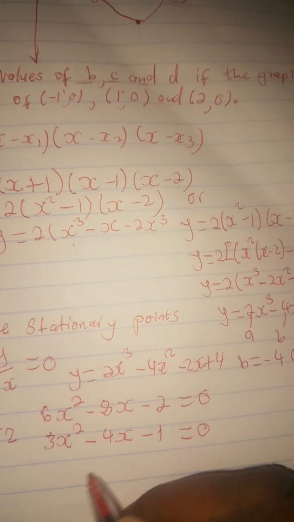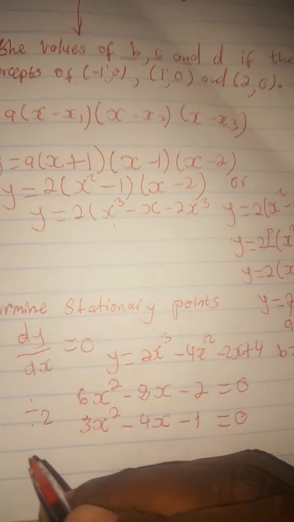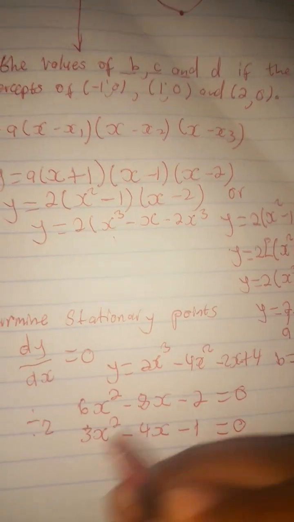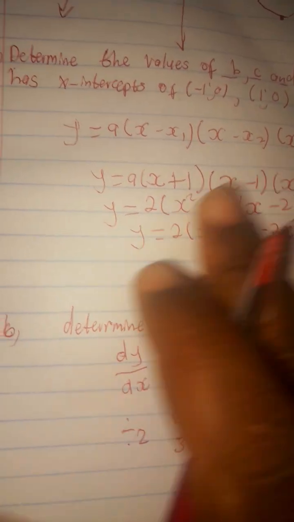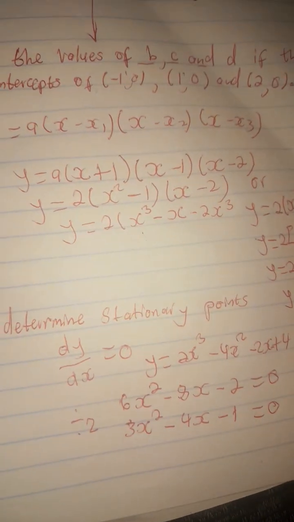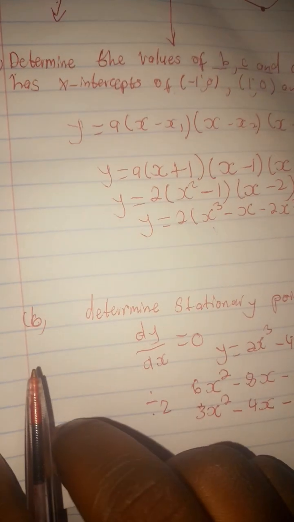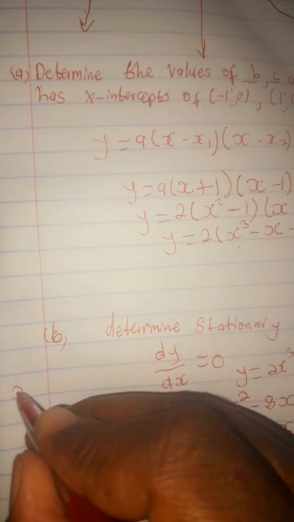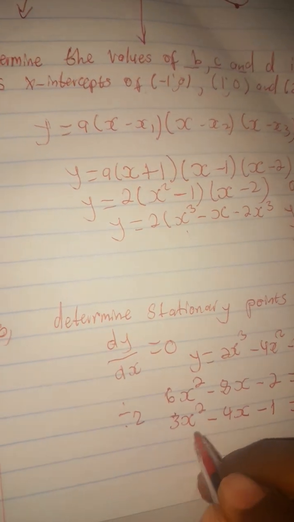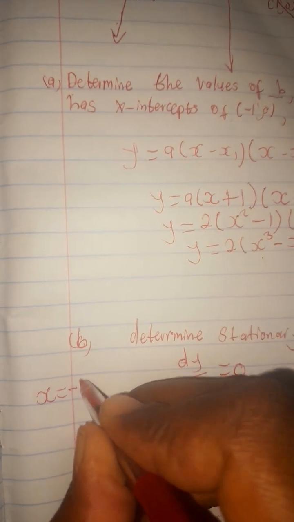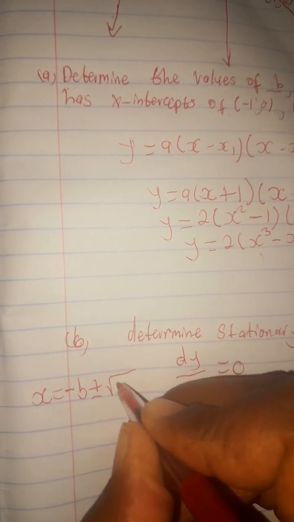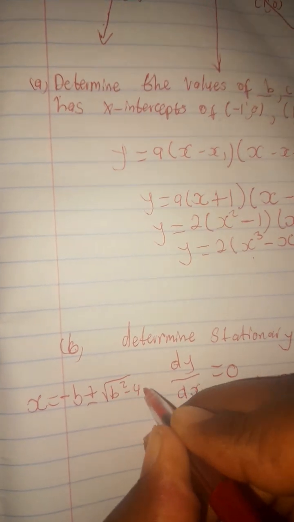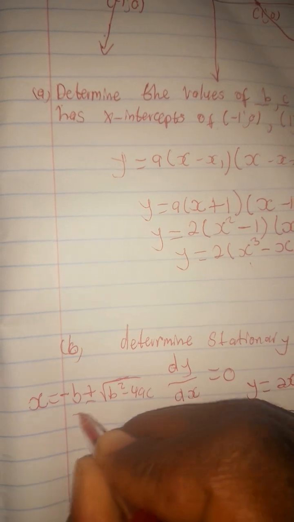So we can ask ourselves, can we find the factors of 3x squared minus 4x minus 1? I guess we cannot. What we could do is use the quadratic formula, because the factors of 1 don't satisfy the middle term. So we could use the quadratic formula, x equals negative b plus or minus the square root of b squared minus 4ac, divided by 2a.